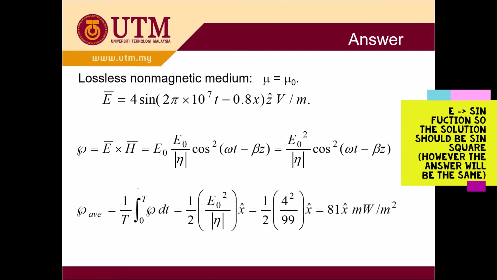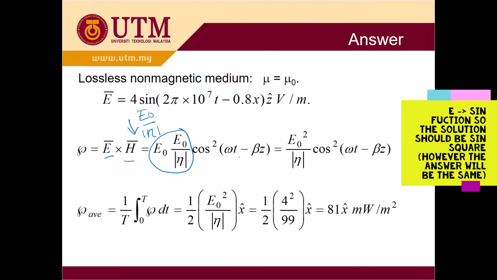Next, the Poynting vector is equal to E cross H. The expression of E is E naught, and the magnitude of H is E naught divided by the intrinsic impedance. So that's why we get these expressions.